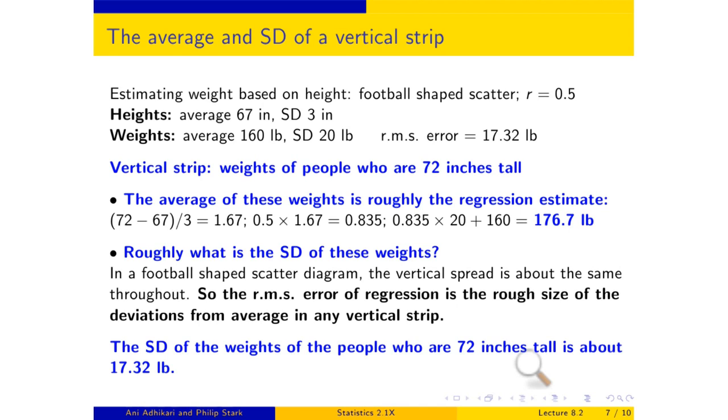And so what have you learned at the end of that? Well, here you have the weights of all the people, average 160, SD 20. We have now focused our attention only on those who are 6 feet tall. And we know how to find their average by regression. And at this point, we also know how to find the SD of their weights using regression.